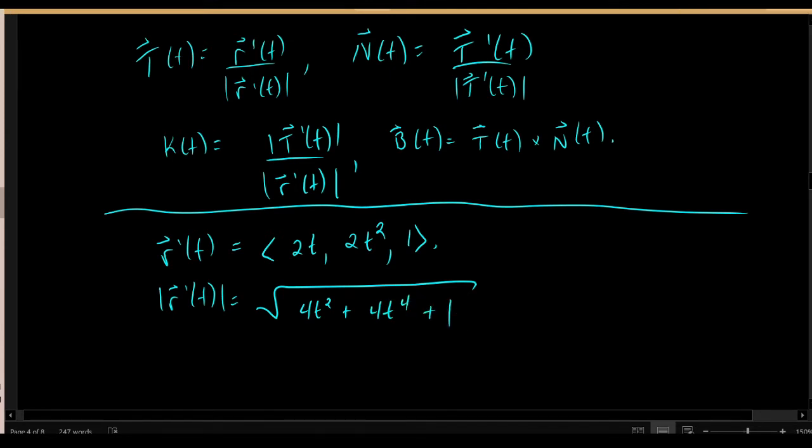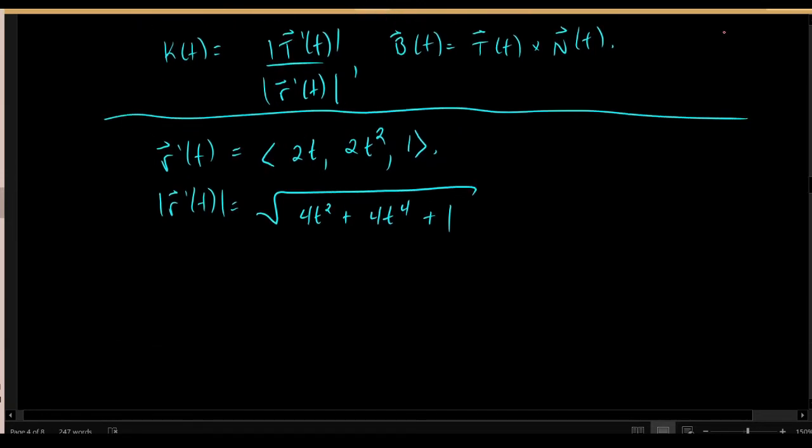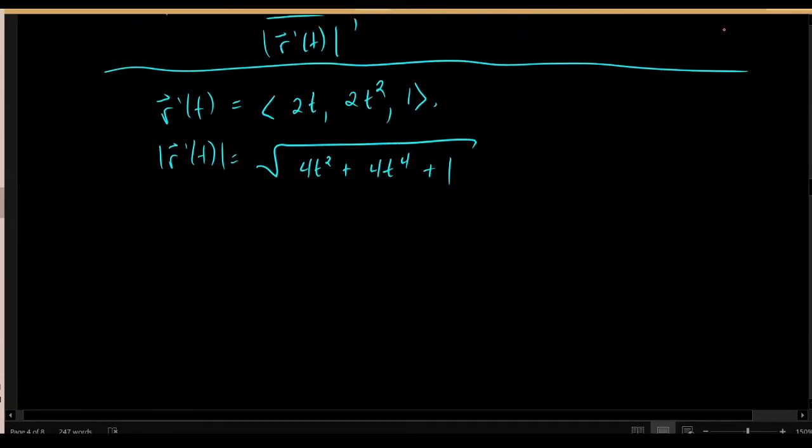Now under normal circumstances, the square root of a sum of terms like this cannot be simplified. But in this special case, I think we can do some factoring. I think that this radicand, this quantity under the square root, is equivalent to 2t squared plus 1 quantity squared. We can check that by going backward.